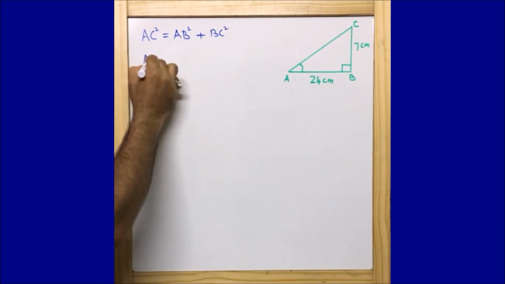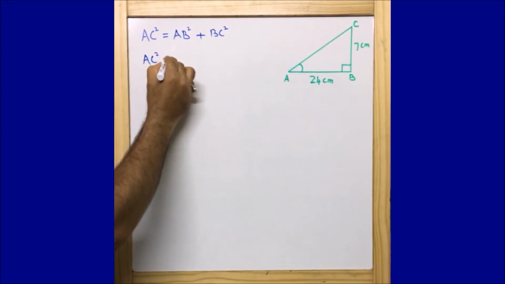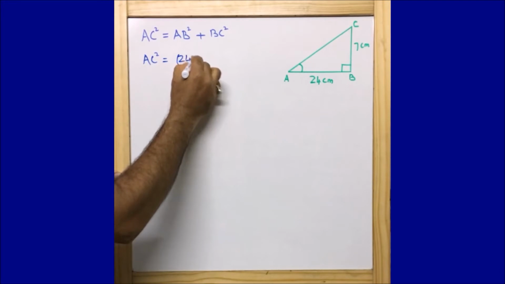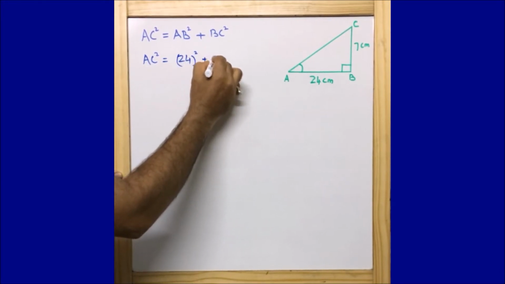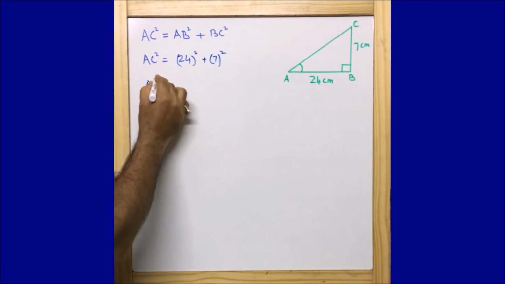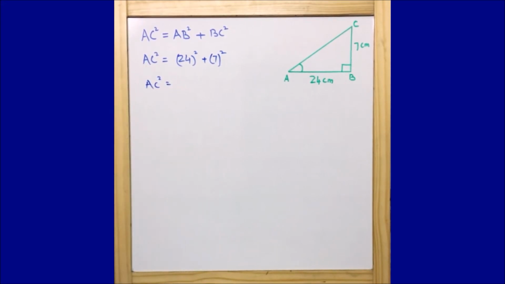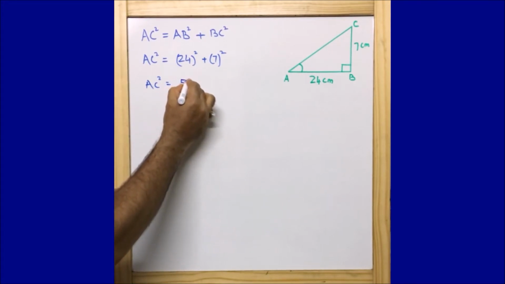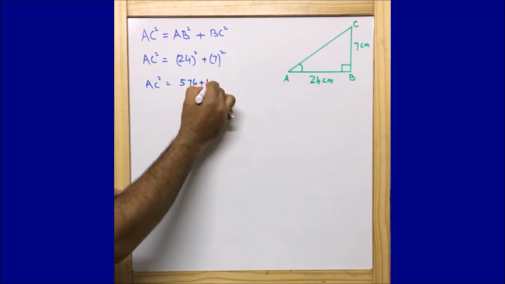So AC square is equal to 24 square plus 7 square. 24 square is nothing but 576, plus 49.